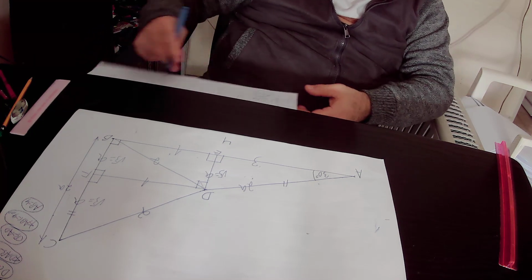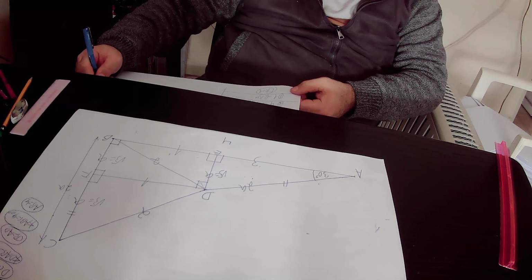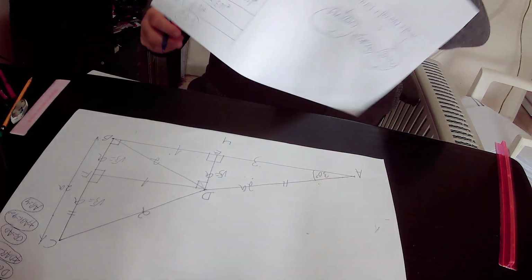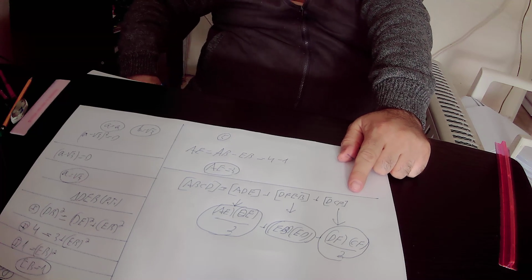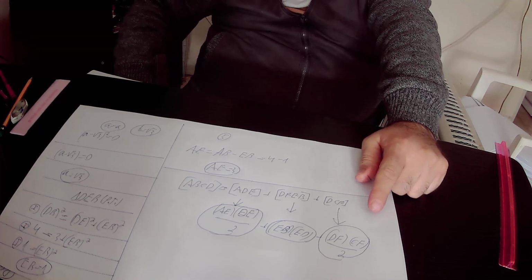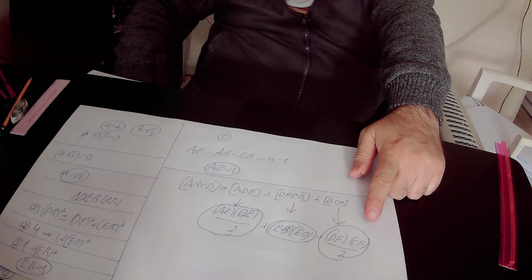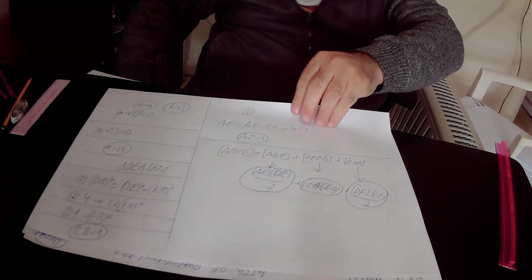I will repeat again. The area of the right triangle DCF equals the base, DF, times the height, CF, over 2.